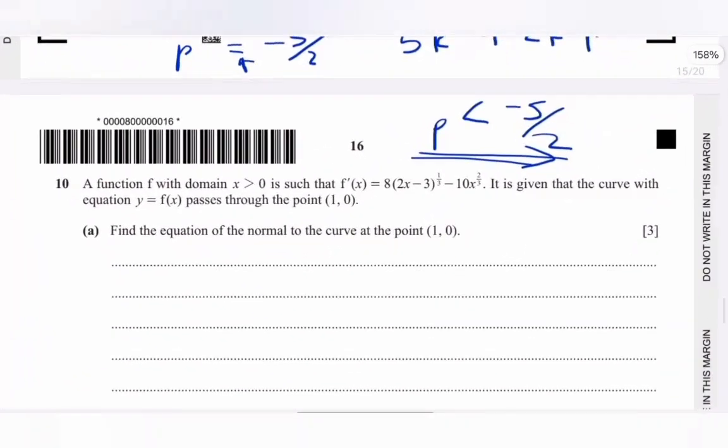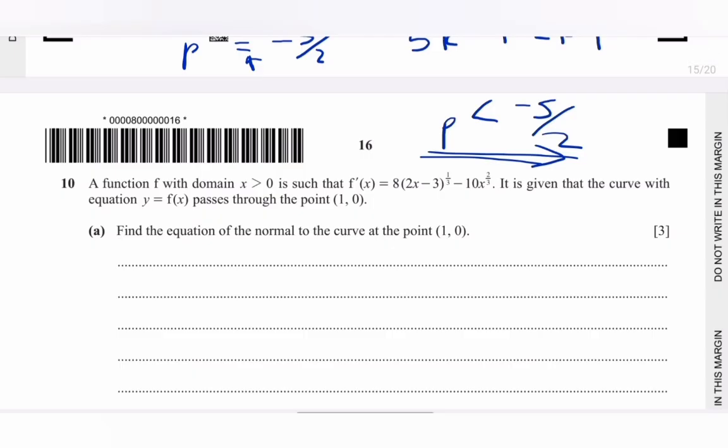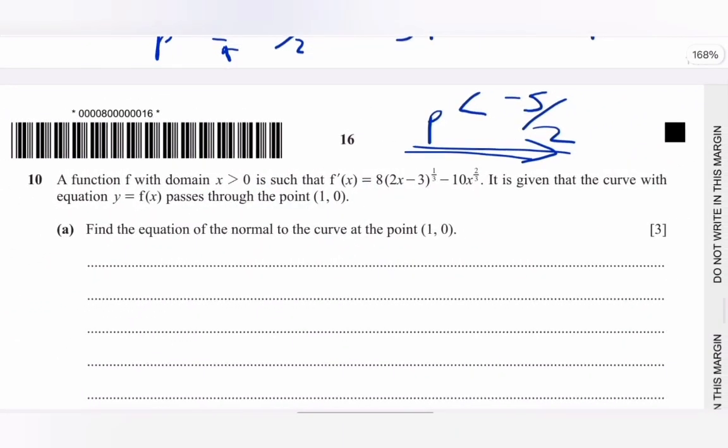For number 10, it says the function f with domain x is greater than 0 is such that f prime of x is equal to 8 bracket 2x minus 3 to the power a third and 10x to the power 2/3. So this is f prime of x, not f of x, and it is given that the curve with equation y equals f of x passes through the point 1, 0, and says find the equation of the normal to the curve at that point.